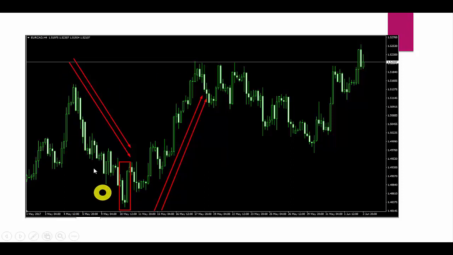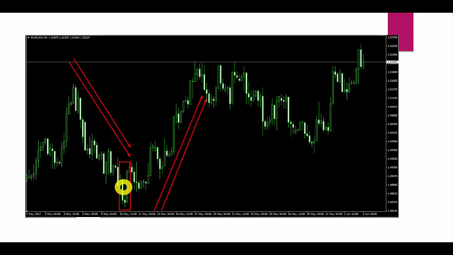It has fallen. After the downtrend, we found this type of candlestick pattern. First candle is bearish, second candle is indecision, and third candle has closed above. The market took retracement, and you can see then it went up in a beautiful way. So this is a very important candlestick pattern.